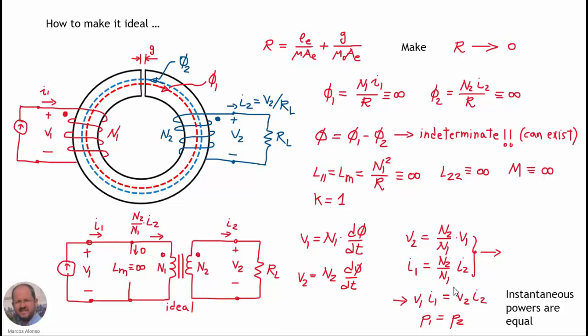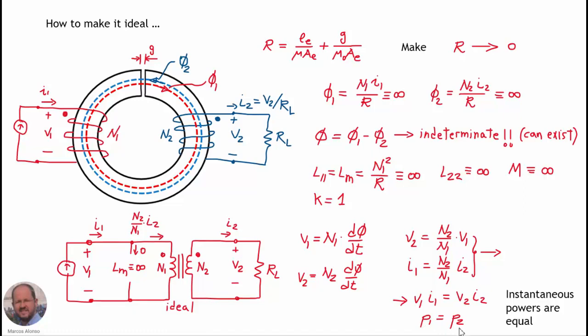And in an ideal transformer, the instantaneous powers are going to be equal. The instantaneous power in the primary is going to be equal to the instantaneous power in the secondary.